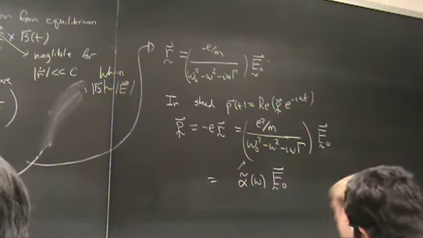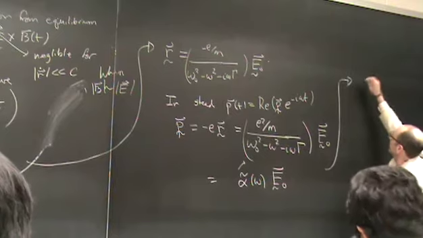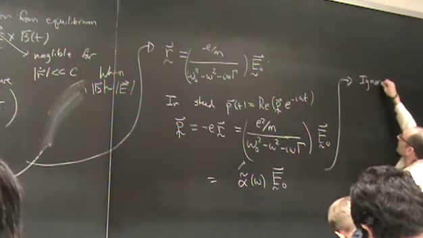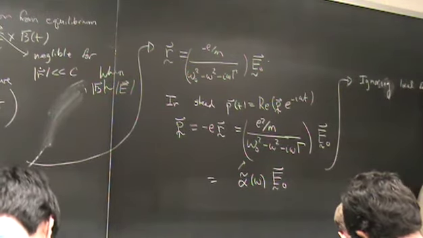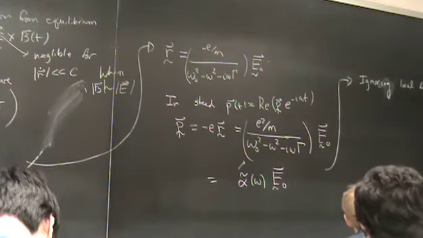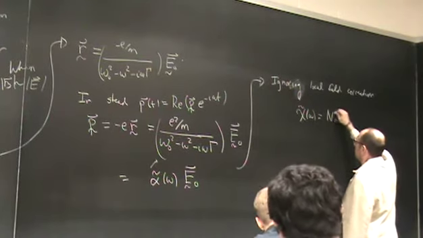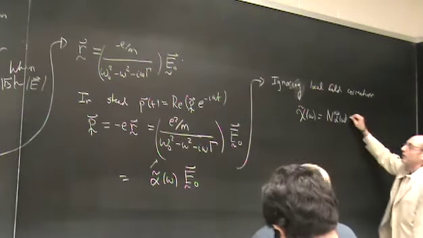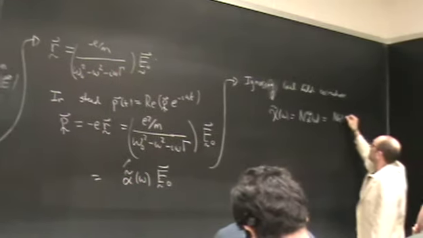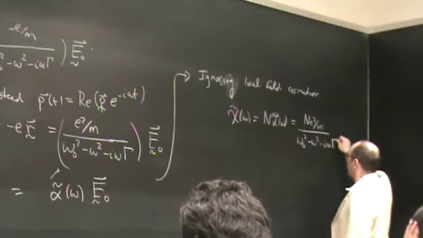This is the polarizability. So we've solved it. And from this, ignoring local field effects, the susceptibility under the Lorentz oscillator model is just equal to the number density of molecules, assumed uniform, or whatever the local density is, times the polarizability, e squared over m, over omega 0 squared minus omega squared minus i omega gamma.